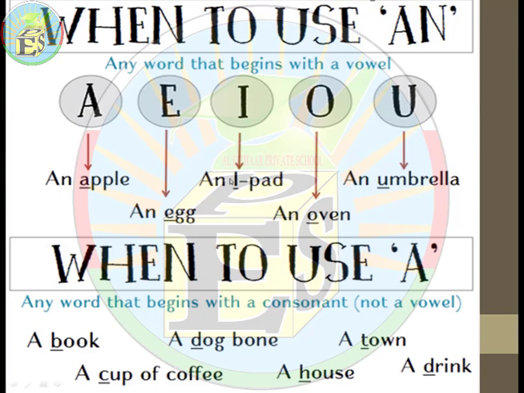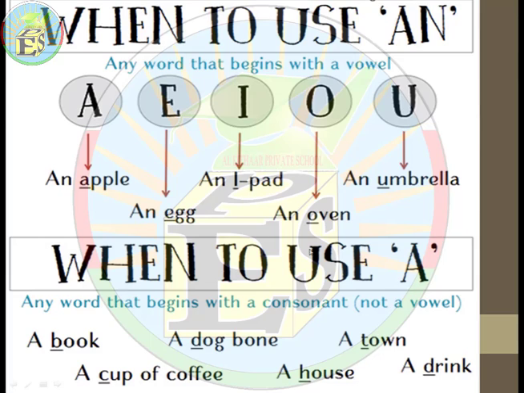The third example is an iPad. Number 4 is an oven, the machine that you use to bake things, right? An oven. And the last vowel that we have is U, an umbrella.